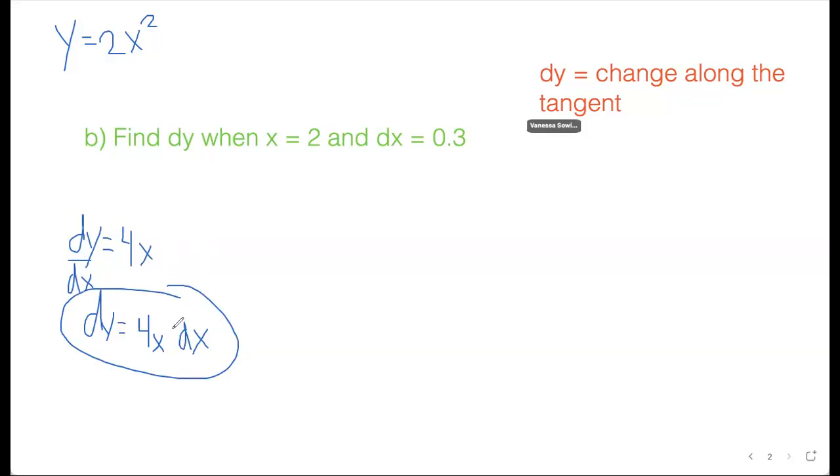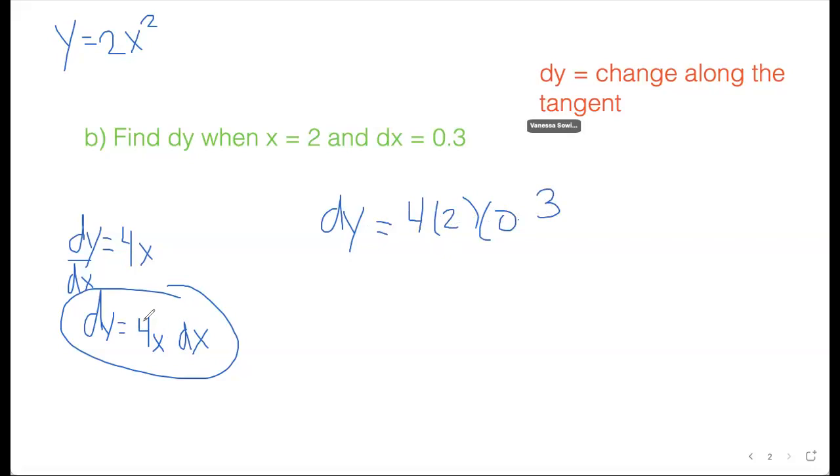To find dy, we plug into this derivative formula that we just calculated. So dy equals 4 times x, which is 4 times 2, times 0.3.